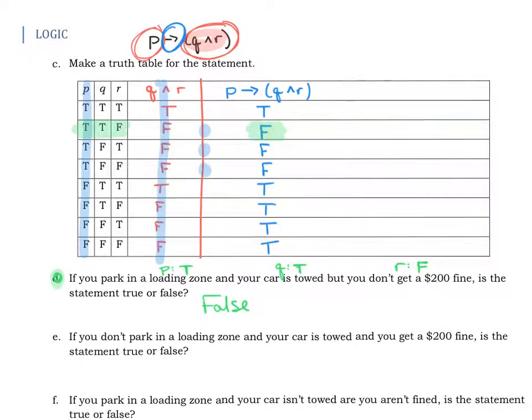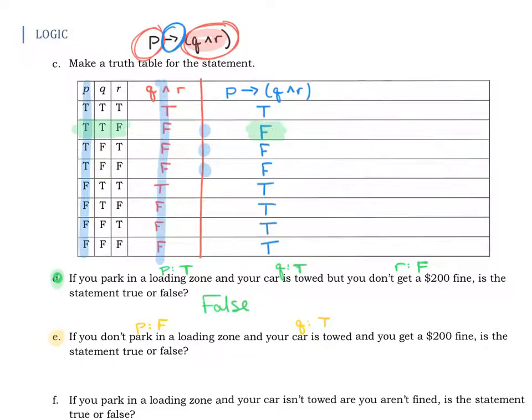All right, let's look at E. If you don't park in a loading zone, so statement P about parking in a loading zone is false, because we said P was you park in a loading zone. Well, we didn't, so P is false. Your car is towed. Q, we're saying, is true. You got towed.